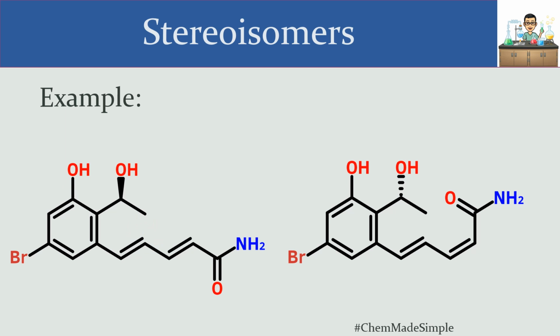Whereas if I take a look at that same amide functional group over here, it's oriented towards the rest of the molecule. So spatially, that double bond and the way those atoms are connected is different, even though all the functional groups match up in the same exact places on the same exact carbons. So this would be an example of two molecules that are stereoisomers of each other.